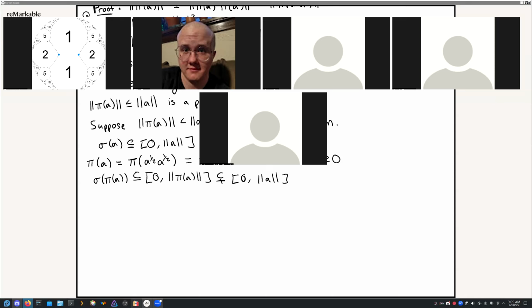For that, we need an element of the spectrum of A which does not belong to the spectrum of pi of A. And that element is the norm of A.